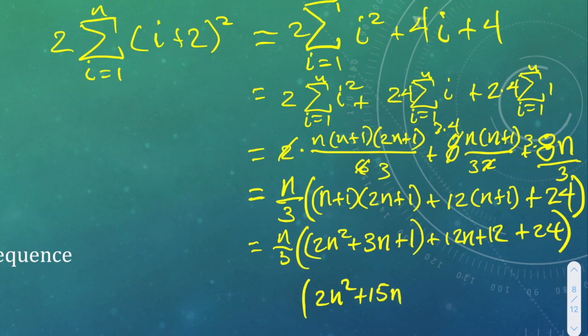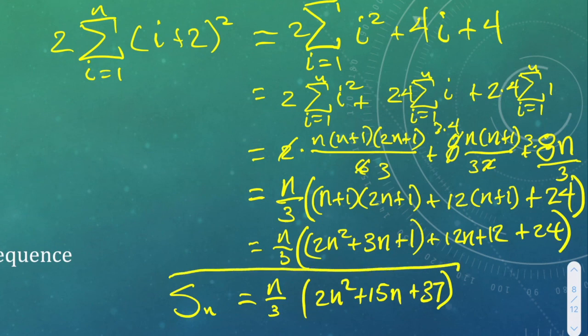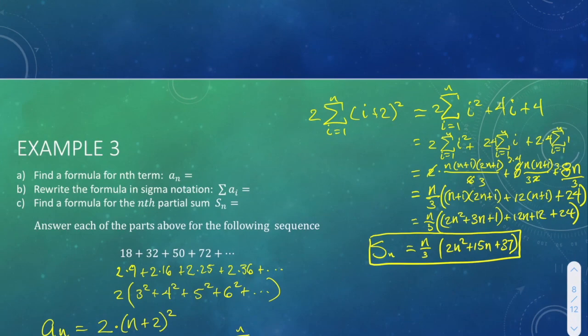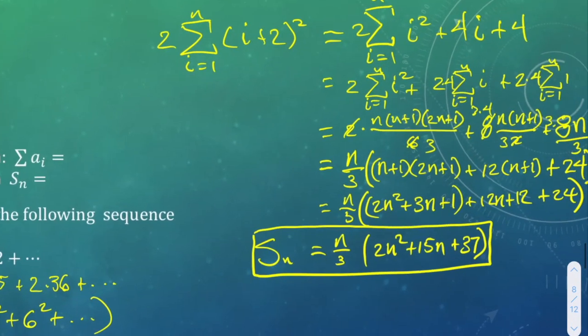And I've got 1 plus 12 is 13, plus 24 is 37, and an n over 3 outside. And so there we have it. There's our S sub n: n over 3 times 2n squared plus 15n plus 37. And that is the formula for the nth partial sum, S sub n.